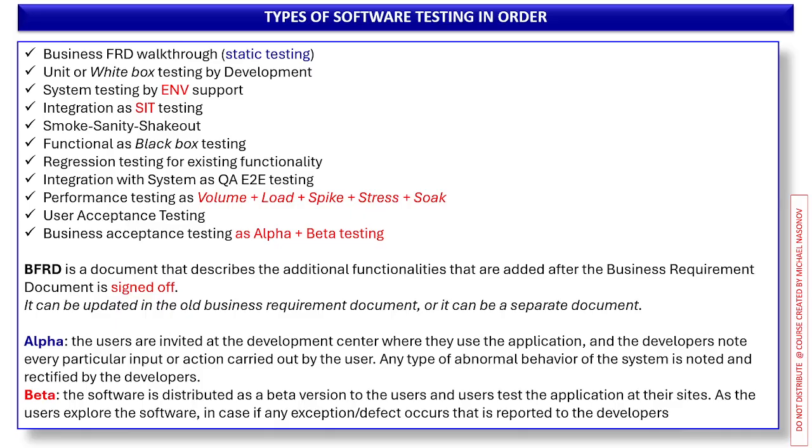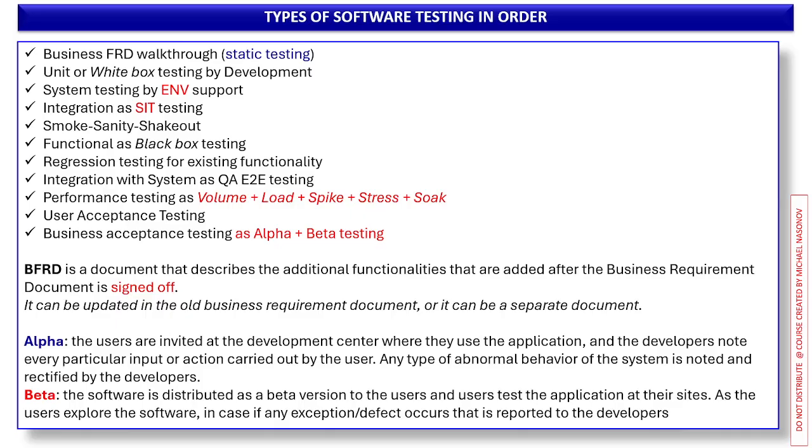After functional testing is complete, you are ready to proceed with regression testing for existing functionality, which means that the new project's code introduced didn't touch any existing functionalities. All of this is called integration with system as quality assurance E2E testing or end-to-end testing.